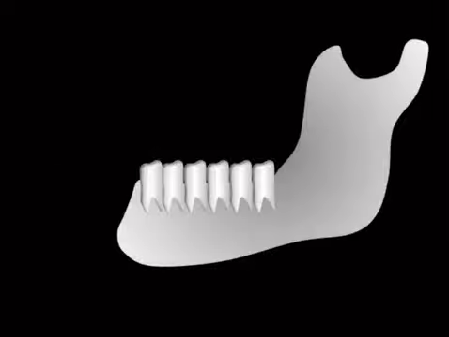So here's a mandible, part of a mandible, and there is this thing called the mylohyoid line. It's basically the attachment of the mylohyoid muscle to the mylohyoid ridge, which dictates spread of infection.